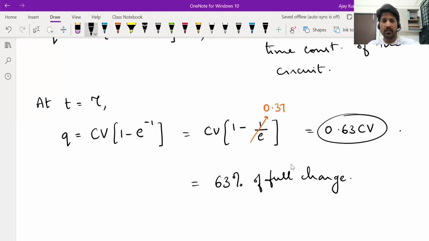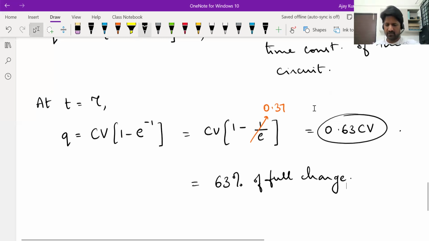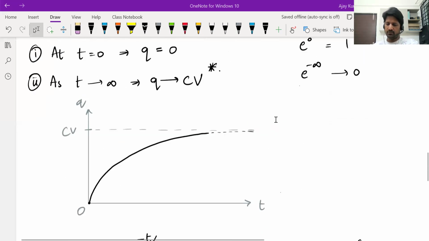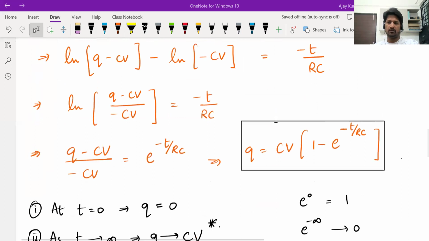So in one time constant, the capacitor gets charged by 63%. Remember this value. You can derive it also, not a big deal. So that's the equation for charge on the capacitor as a function of time.